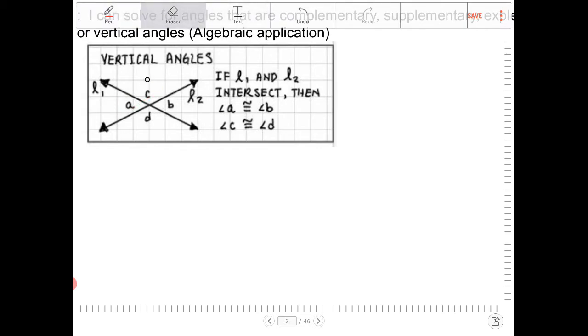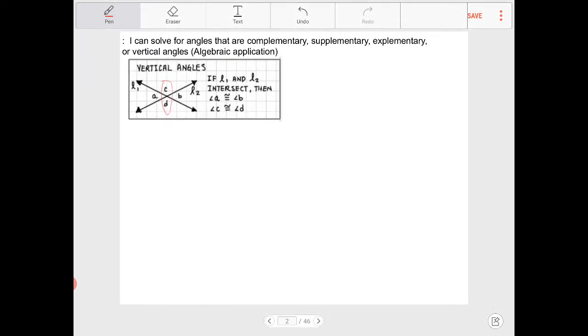So angles that are next to one another, we cannot declare that they are the same. So we cannot say angle A and D are the same. We cannot say angle B and D are the same because they are next to one another. However, what we can say is angle A and B are the same and angle C and D are the same. So those are vertical angles.